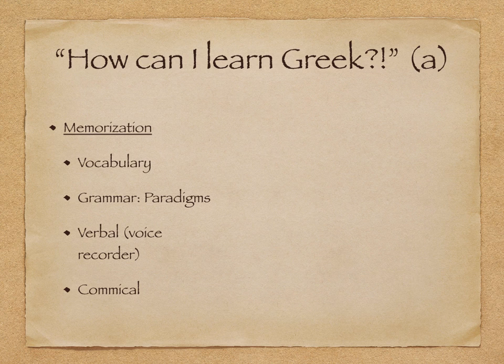That is, there are certain frames or tables for nouns and pronouns, for verbs and participles that must be memorized, just as if someone is learning Spanish or French or German or Russian or one of the Chinese dialects.